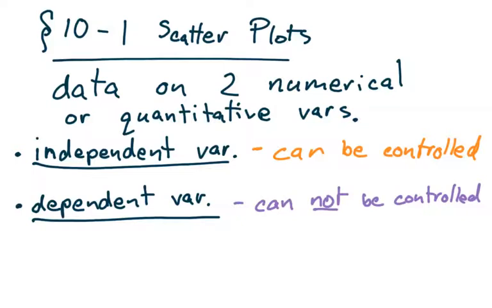So in the hypothetical study I was referring to, where you're interested to see if there is a relationship between the price that you set for a product and the volume of sales, the price in dollars is the independent variable, because in the study you can examine different instances where you have set the price at different values, and you have control over that.